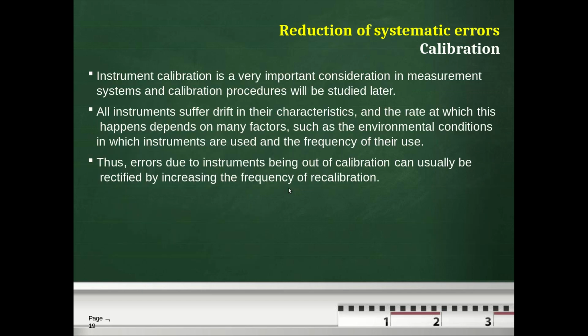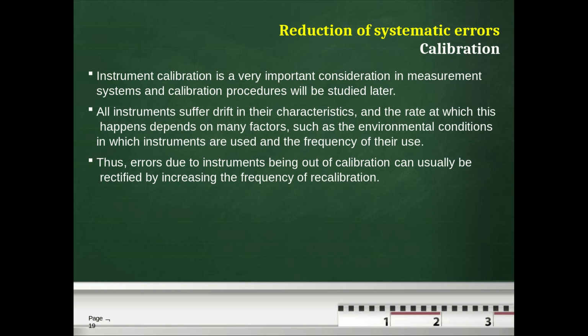Okay, now the calibration, which we mentioned before in the previous lecture. Calibration is a very important act for any instrumentation, so we should follow the procedures introduced in the data sheet that comes with the instrument.